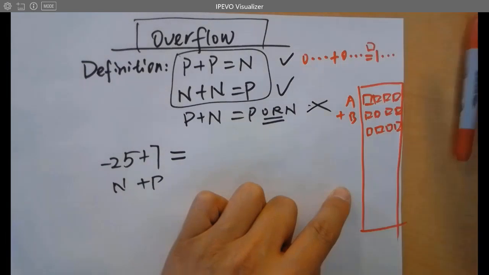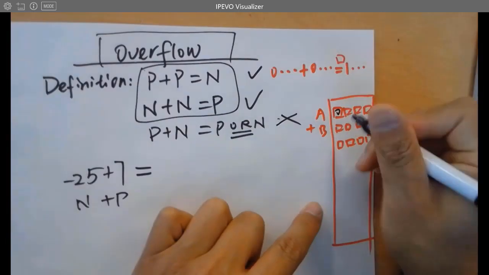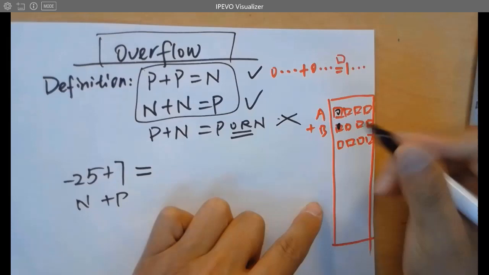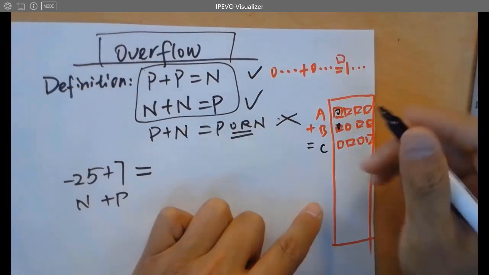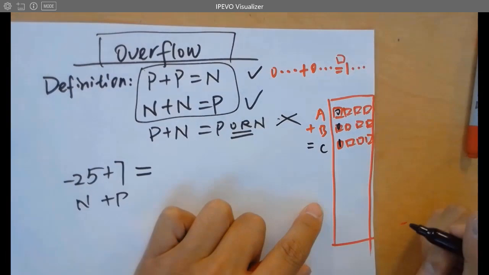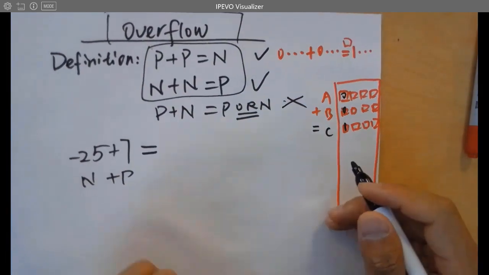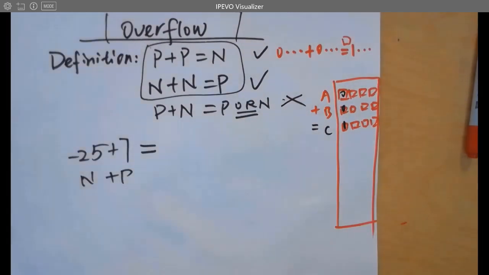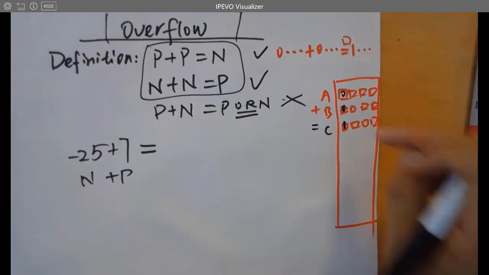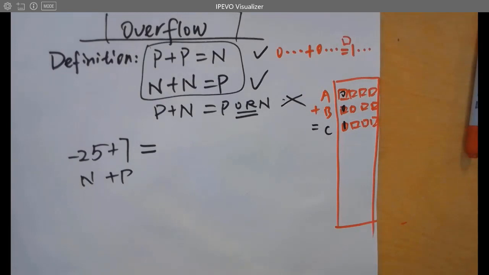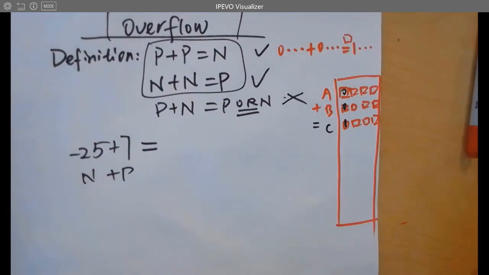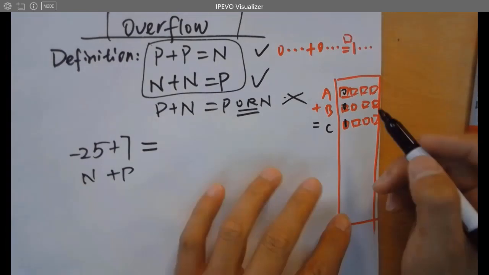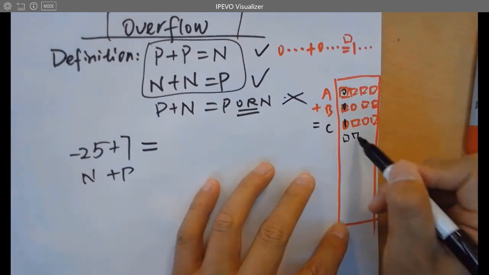So A has MSB 0, B has MSB 0, but A plus B equals C, and in the result C, you got a 1 in the front in the MSB, which is not right. You don't want to just use the 4 bits to represent the result of this addition and let the computer know, hey, this 4-bit is the result. It's not. You need to borrow another memory bank.